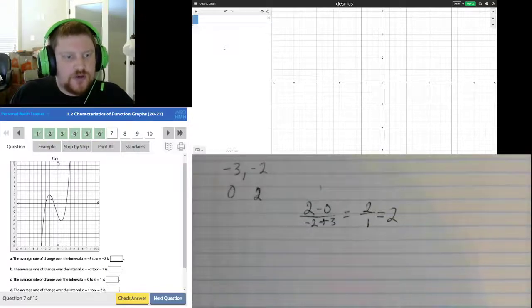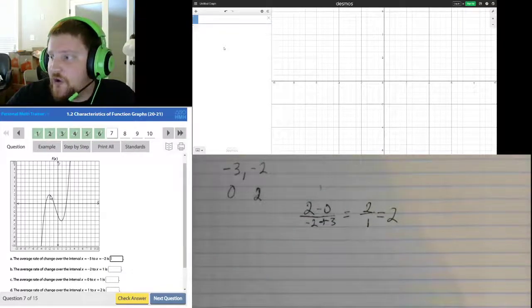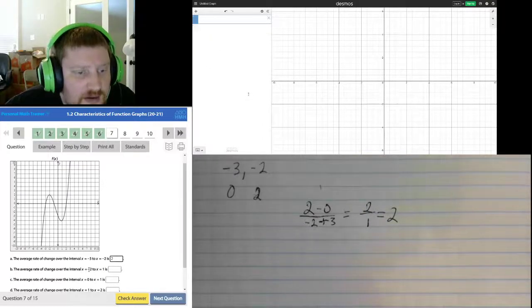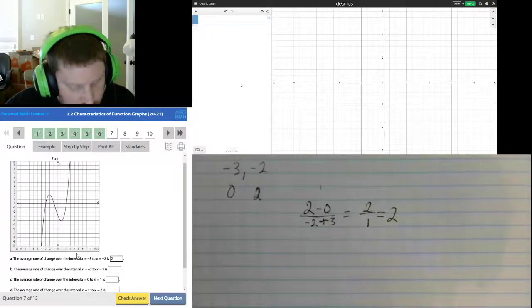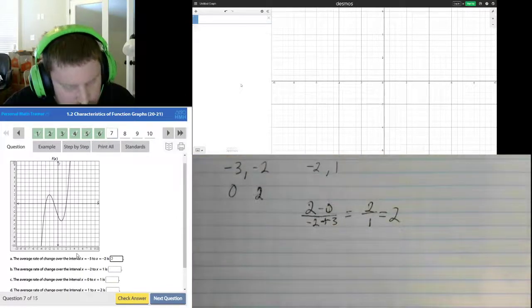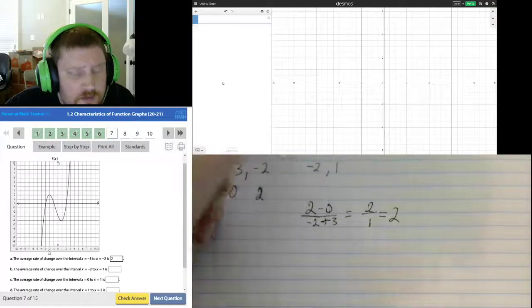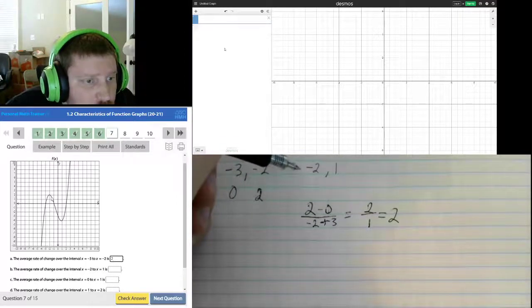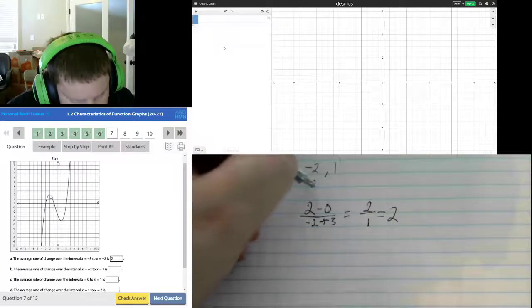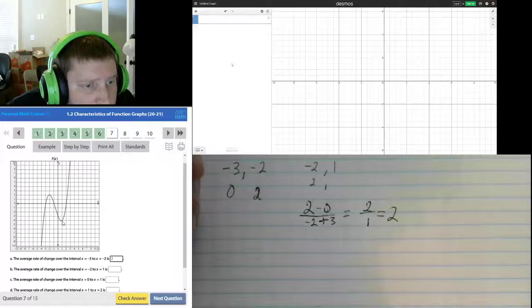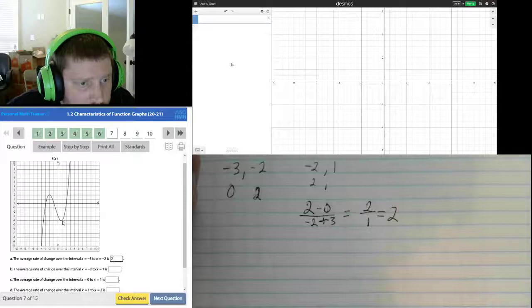So that's how we're going to do all of these intervals. In this case, the rate of change is 2. From -2 to 1, if we're starting at -2 and going to 1, at -2 we're at a 2, and at 1 we are at, looks like it's about -4.